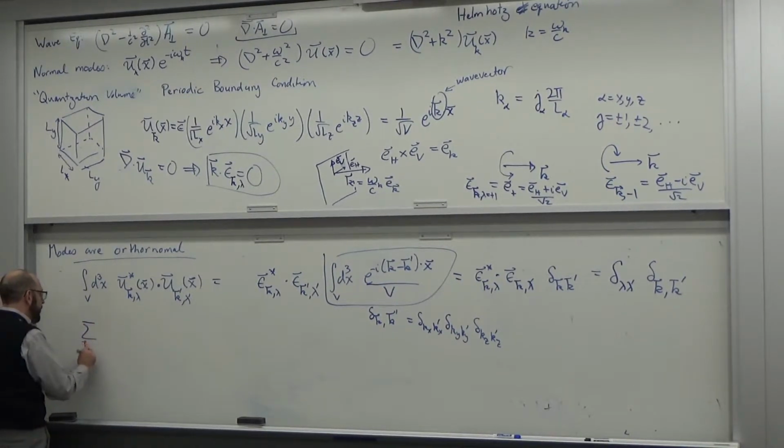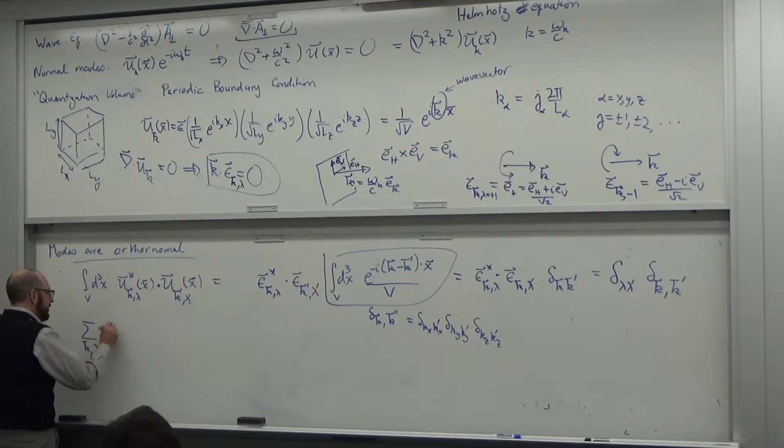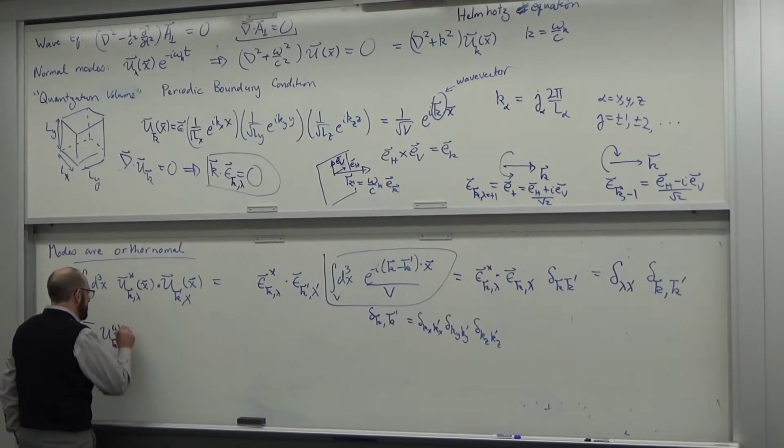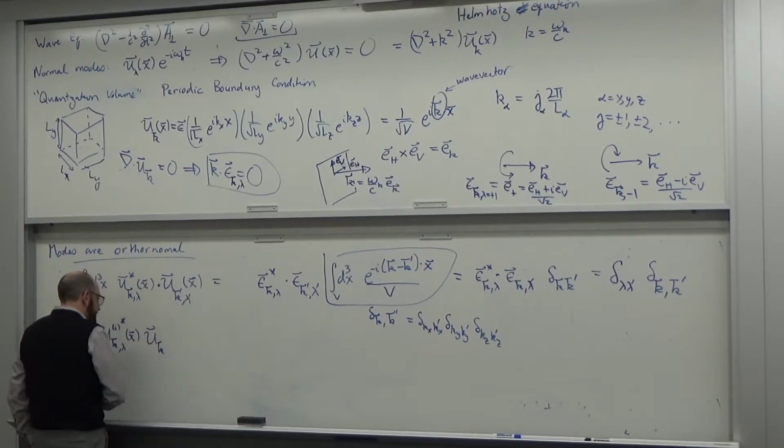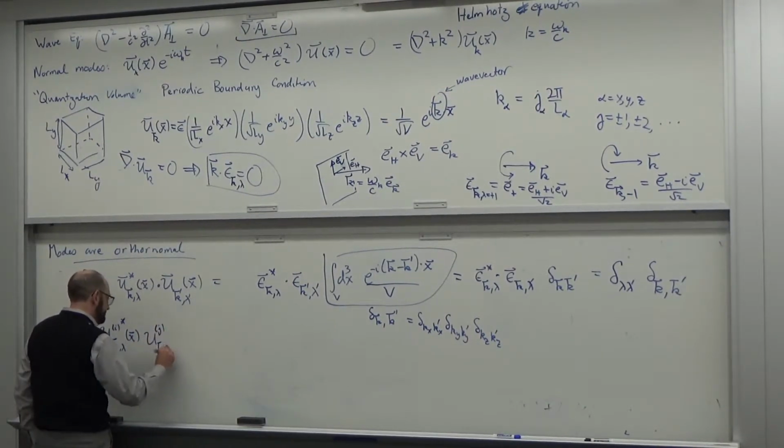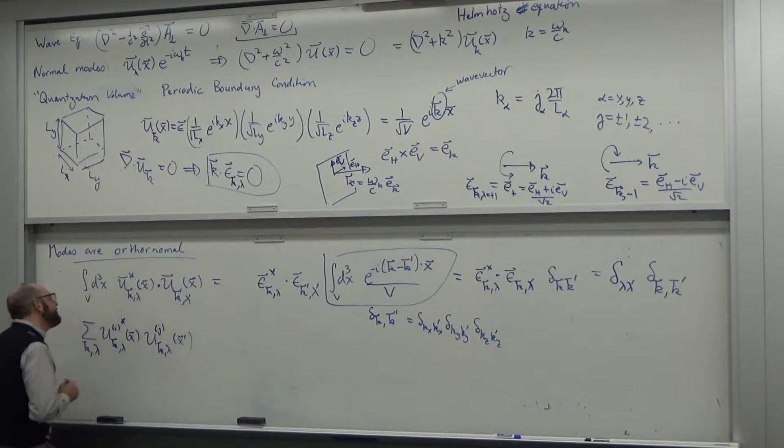if I sum over all the plane wave modes and all polarization states, and I look at the ith component of this guy and the jth component of this guy, the question is, is this a complete set of modes?